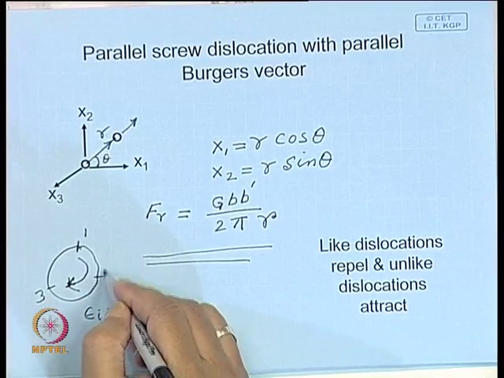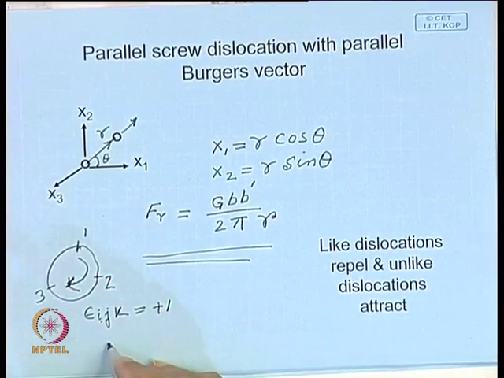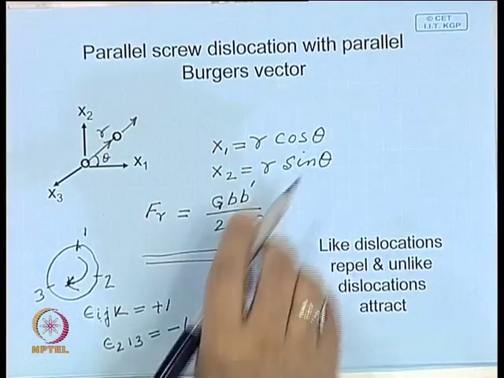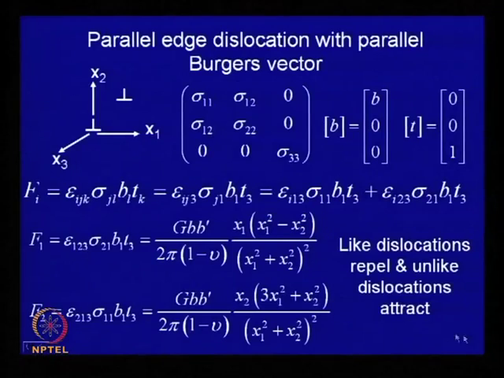Now, if it is 2 1 3, then this is minus 1. So, if you substitute 2 1 3 as minus 1, you get this expression.